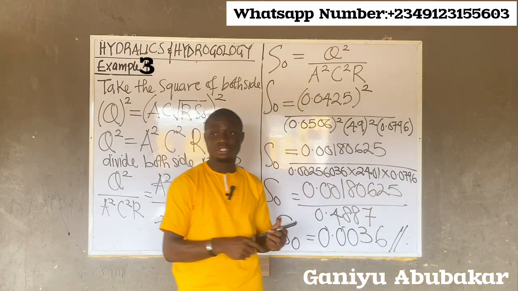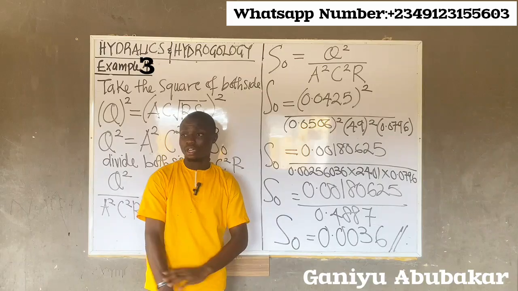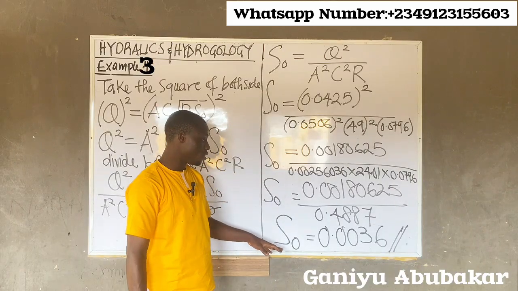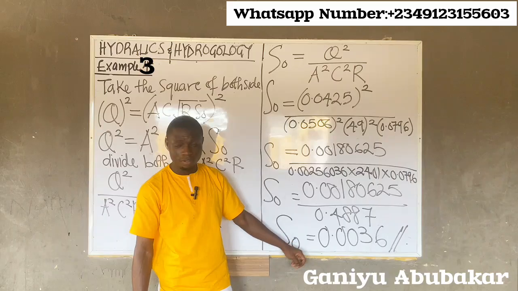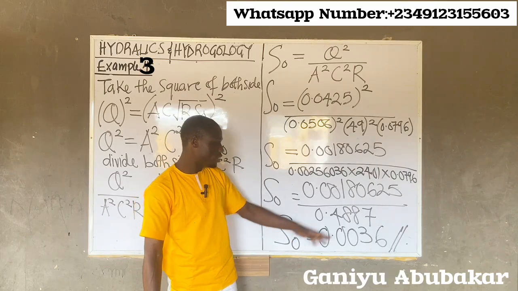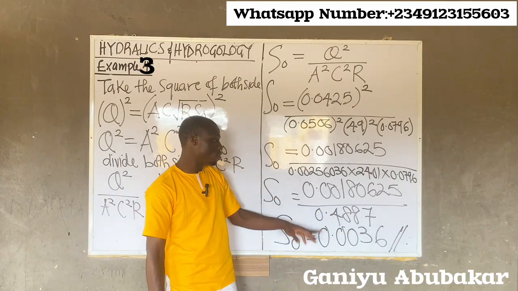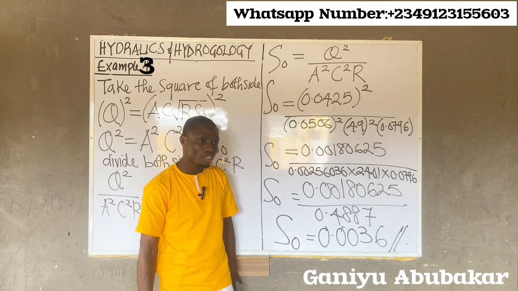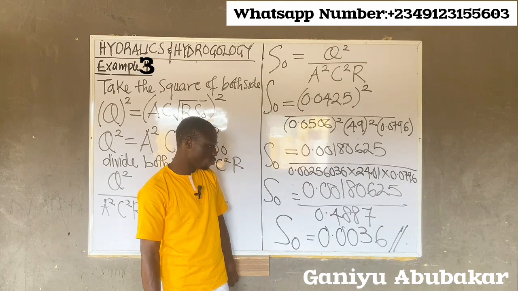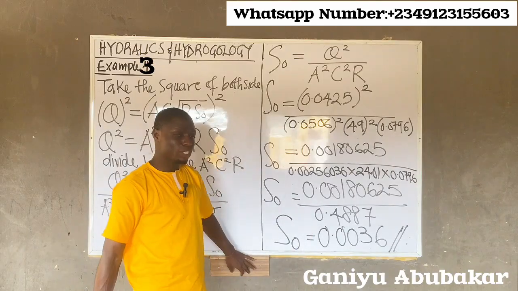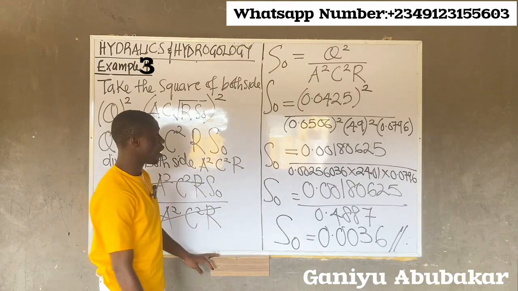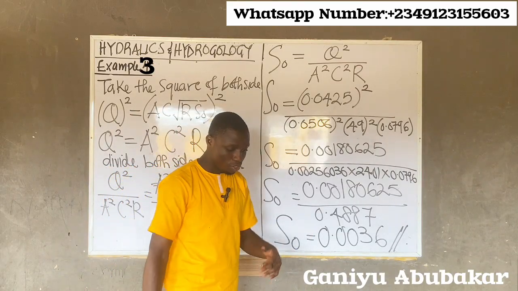So any confirmation, please? Is it correct? 0.489, okay, approximately it's the same thing. So divide this by this, you should have the value. So we'll look at the second past question under hydraulics and hydrology.